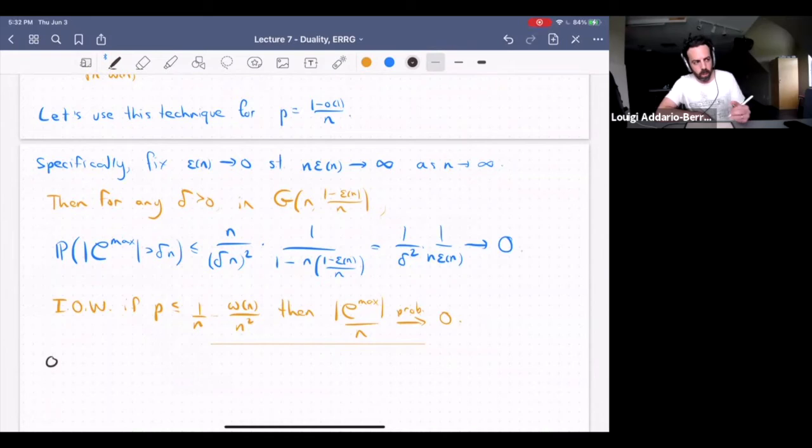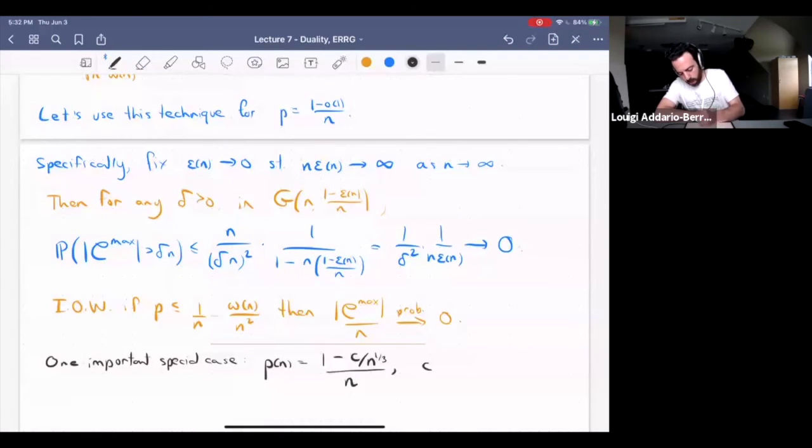where we'll see two different arguments still yield useful bounds. So an important special case is when p has the following form. It's just a little bit less than 1 over n, but the correction is going to be of order n to the third.